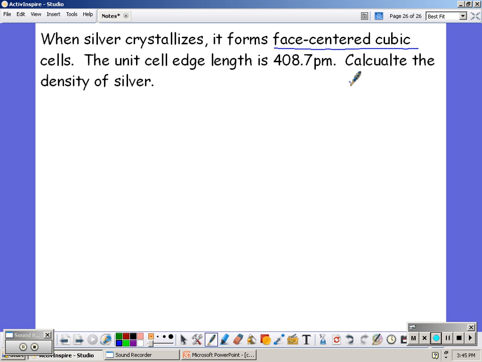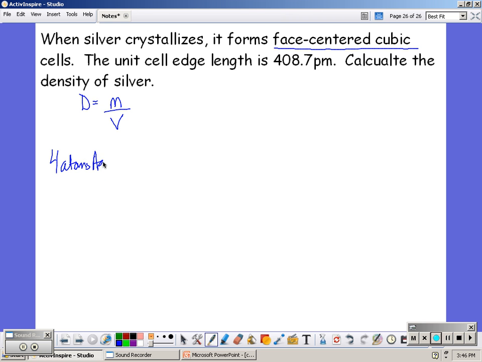So I need to find out two pieces of information, the mass and the volume of silver when it's face-centered cubic. Knowing that it's face-centered cubic, I know that there's going to be a total of 4 atoms of silver. So I can find the mass of silver.